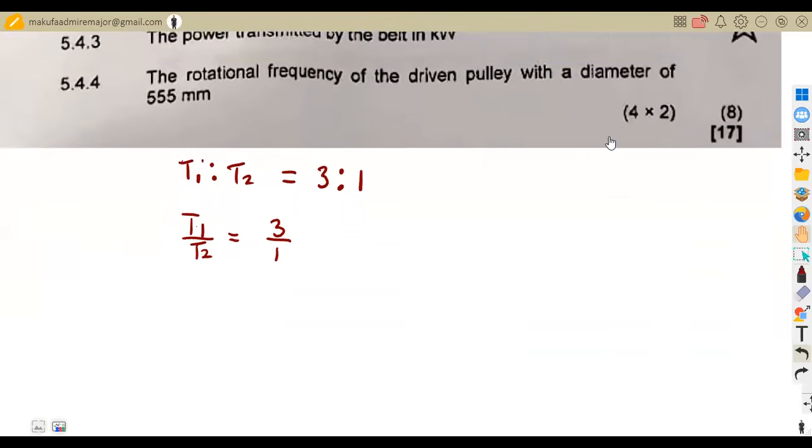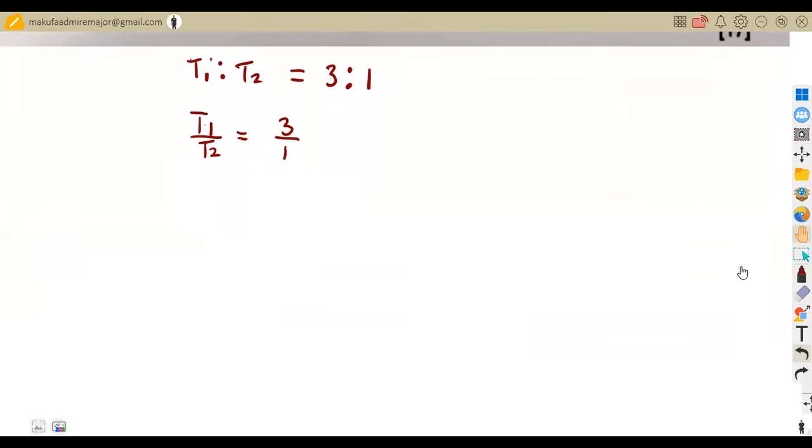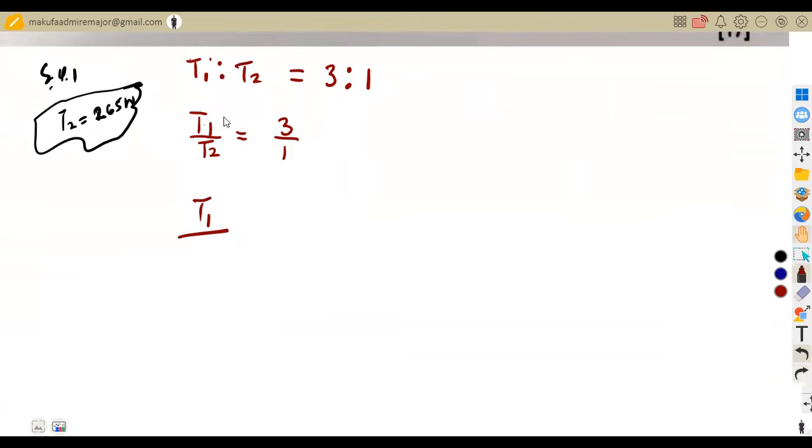From T2, we can calculate T1, which is the tight side. T2 is equivalent to 265 Newton. So we can substitute in this fraction: T1, the tight side, over T2, the slack side, is equal to 3 over 1. We can cross multiply to find T1.